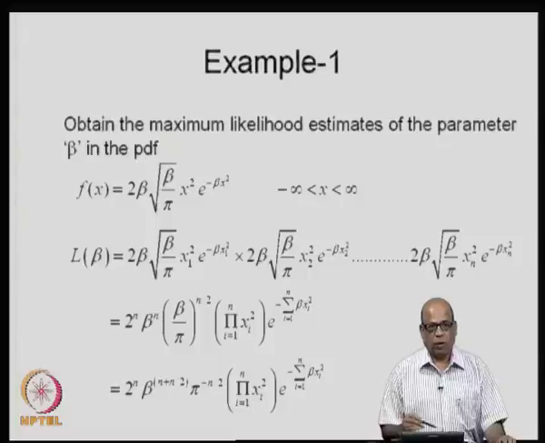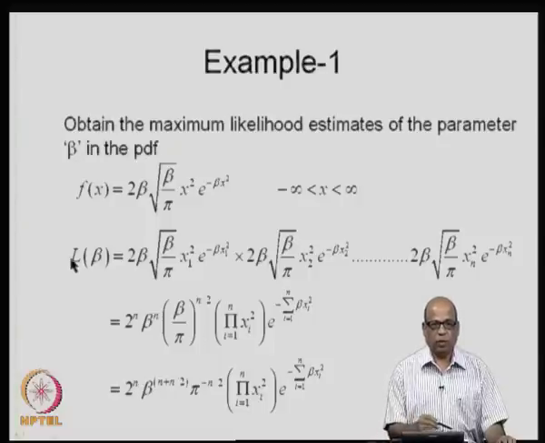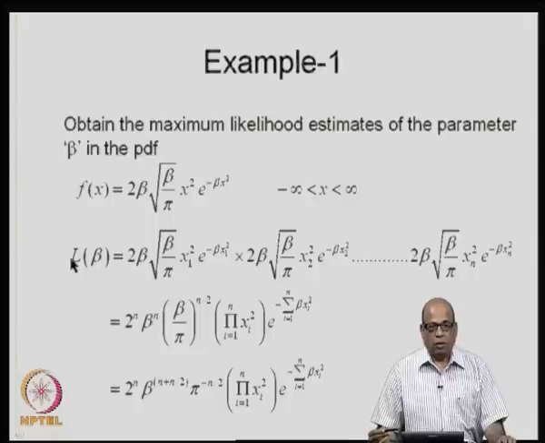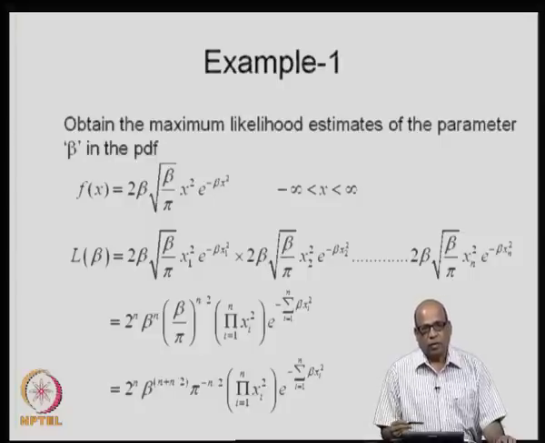Now, we are looking for those values of beta which maximize this likelihood function. Recall that in the last class I mentioned about the log function. The log of a particular argument will have the maximum value at the same value corresponding to that argument, where the argument itself would have had the maximum value.